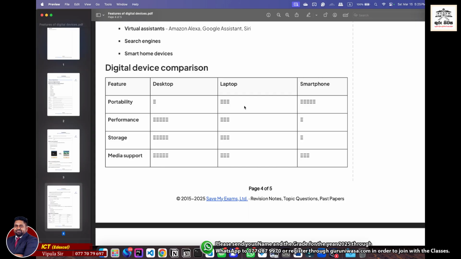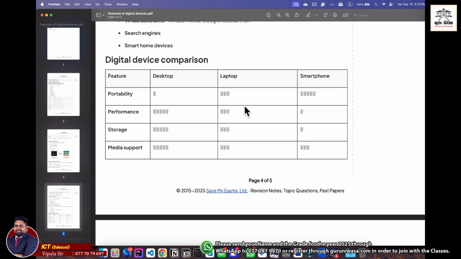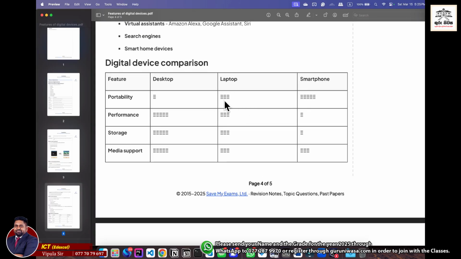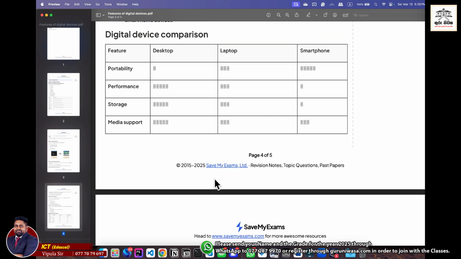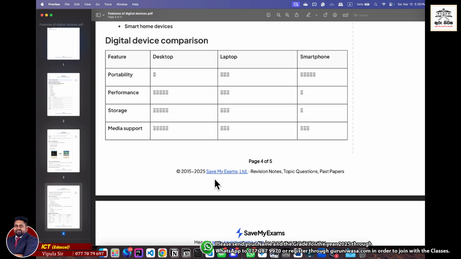I think last year we had a question similar to this focused on networks. They basically give you this table, and in this table they ask you to fill it up based on a certain set of features. Now in this case you can see a desktop, laptop, and a smartphone are there.